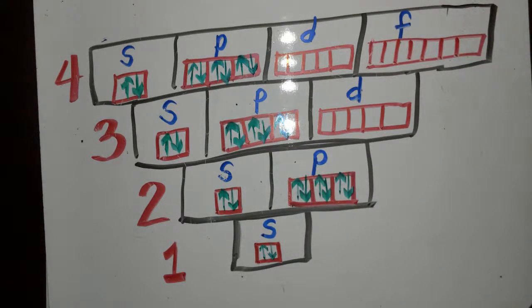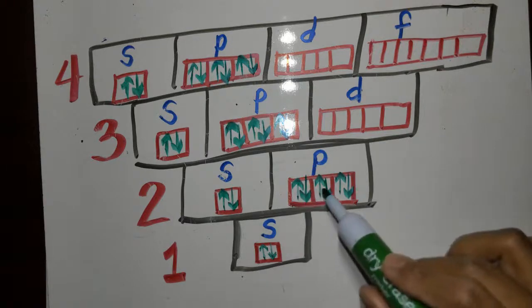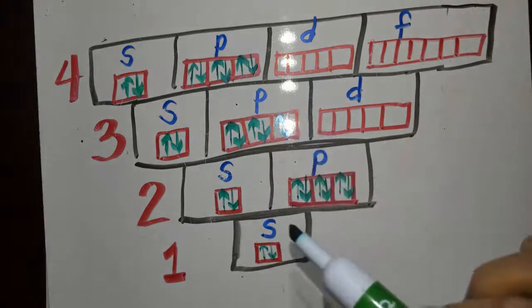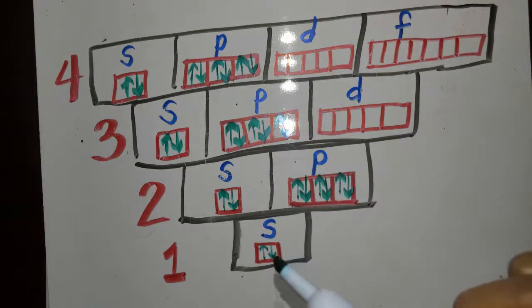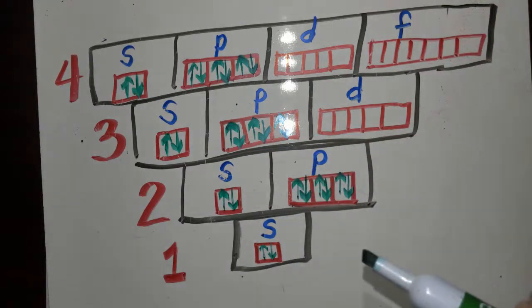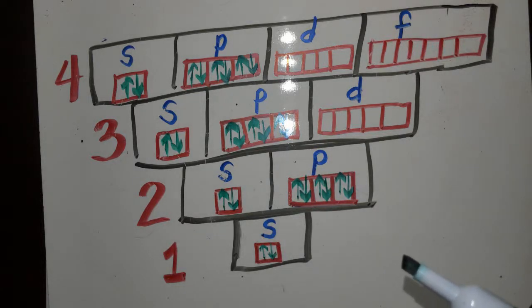So every P sublevel has 3 orbitals, and because there is a max of 2 electrons in an orbital, 3 times 2, P can accommodate up to 6 electrons, regardless of what energy level it is. Regardless, as long as it's a P.